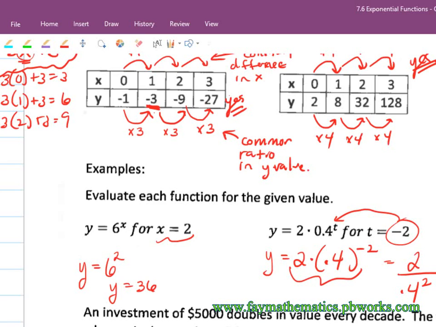We have 2 divided by 0.16. Now with that, it does make sense to maybe grab your calculator. And so 2 divided by 0.16 gives me actually 12.5. So that's how that's going to evaluate.